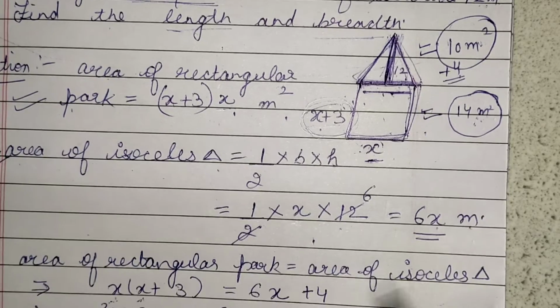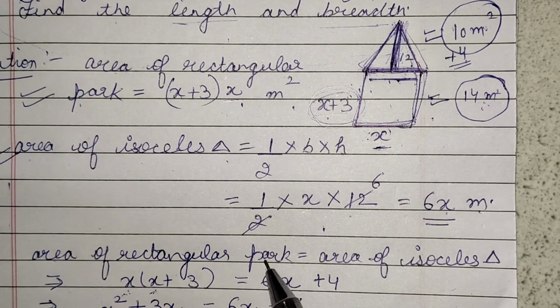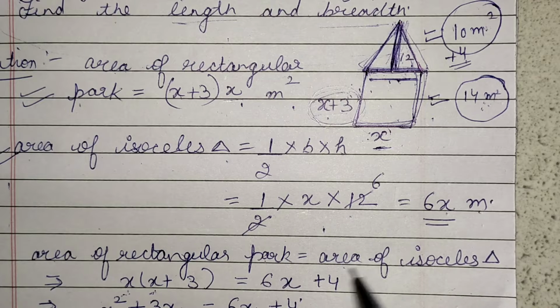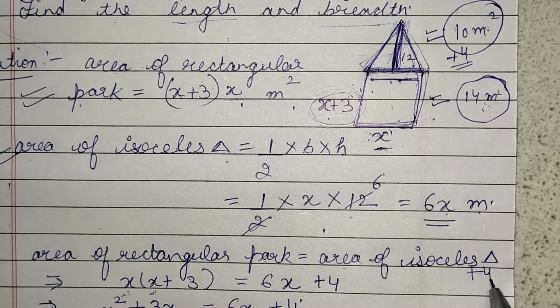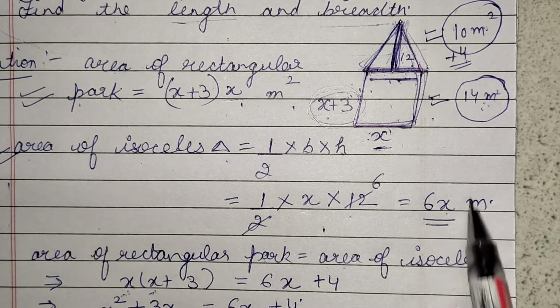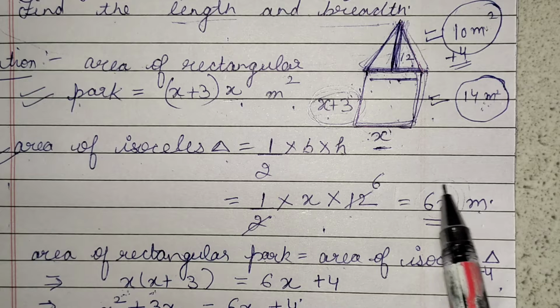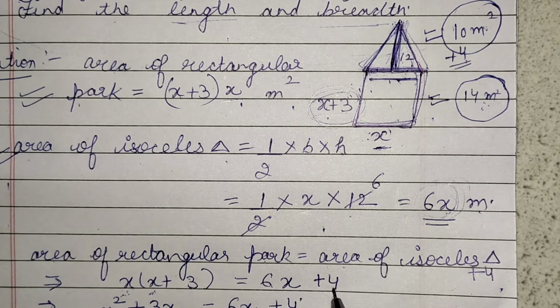Understood? The next condition given to you is that the area of the rectangular park is equal to the area of the isosceles triangle plus 4. Okay, so put the values. x into x plus 3 is equal to the area of the isosceles triangle, which is 6x plus 4.